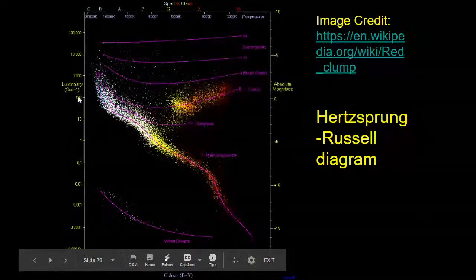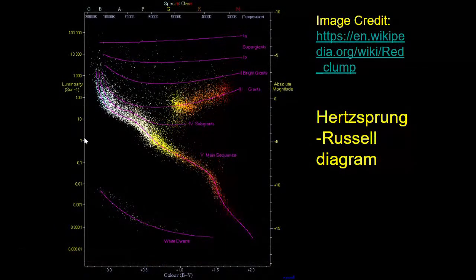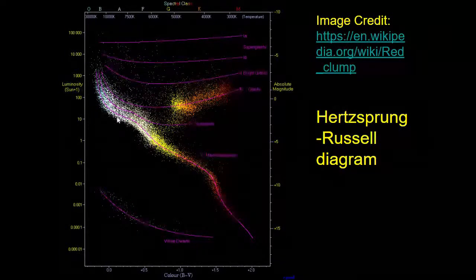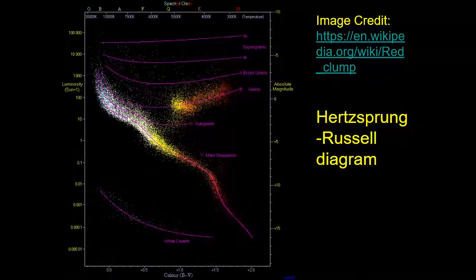For example, if I take the point 10, all the stars along this horizontal line in this plot have luminosity which is 10 times the solar luminosity, while all the stars in this horizontal line are 1,000 times more luminous than the sun.